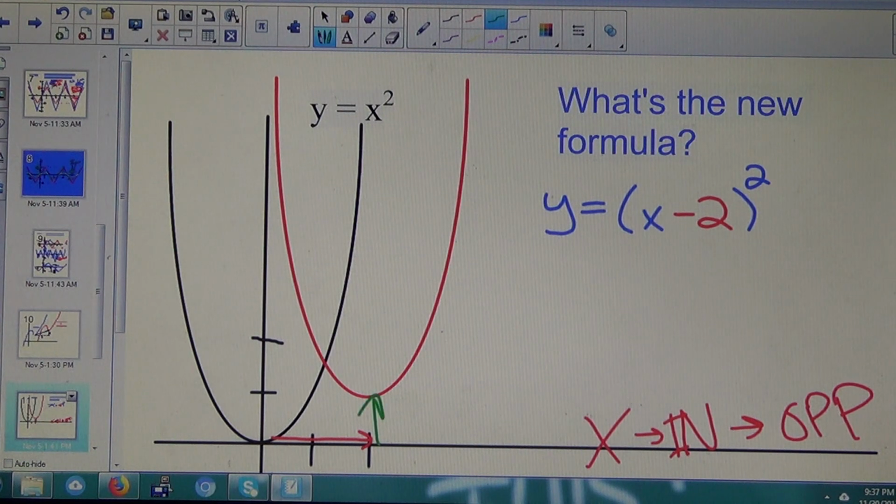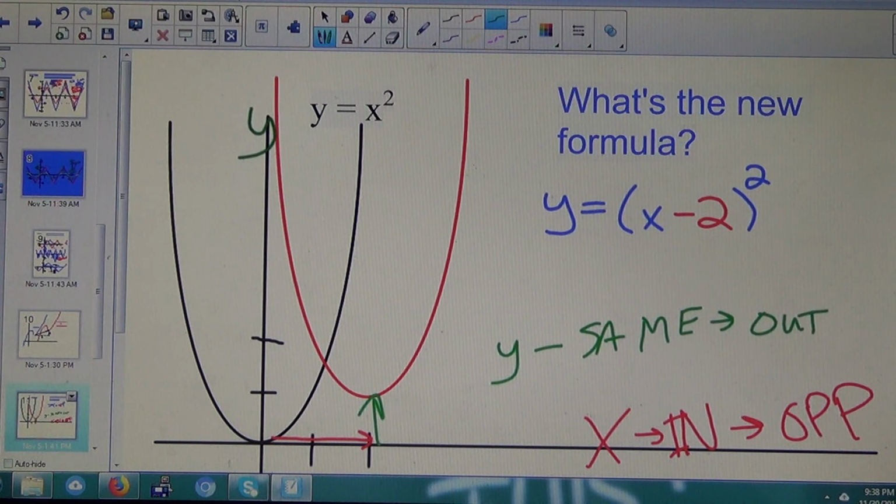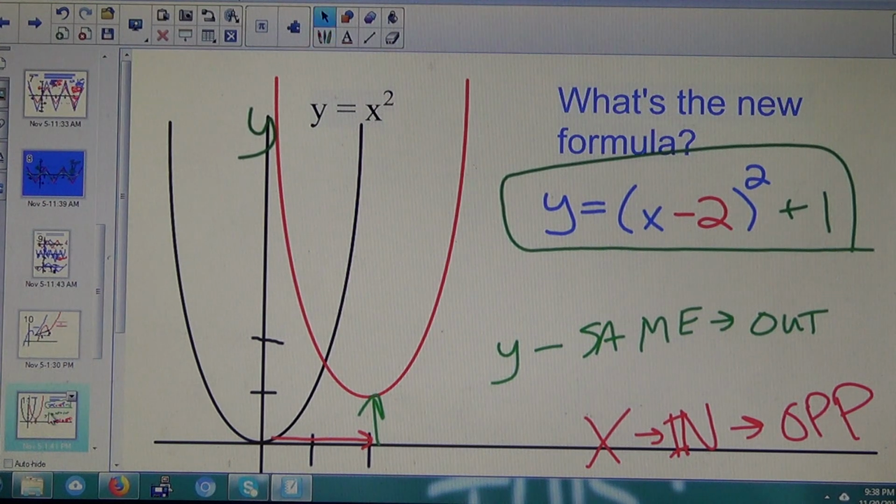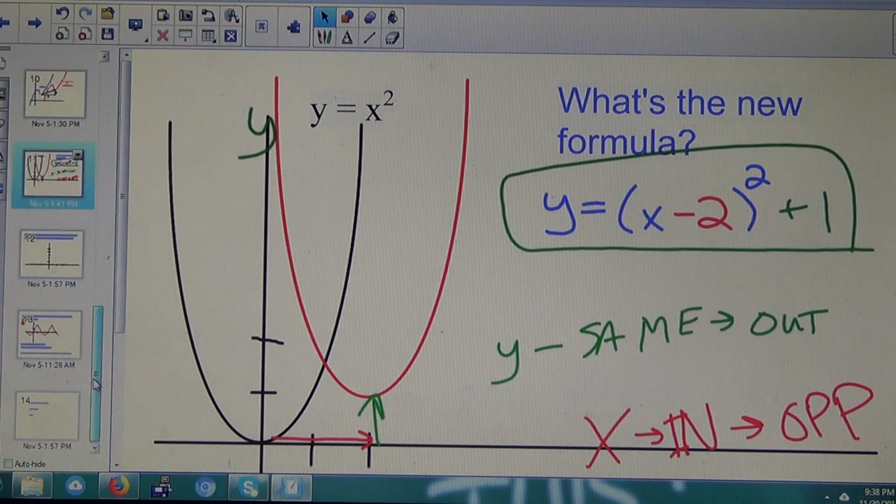It's going which direction? Up. So if it's moving up, that's on which axis? That's on the y-axis. Well, we know about the y-axis. It's the same. So it's still up. 1 plus 1. And where is that located? On the outside. So then there would be my new equation. Alright.